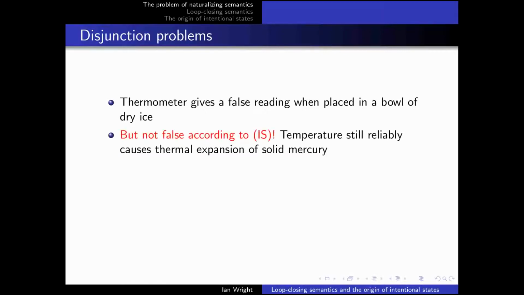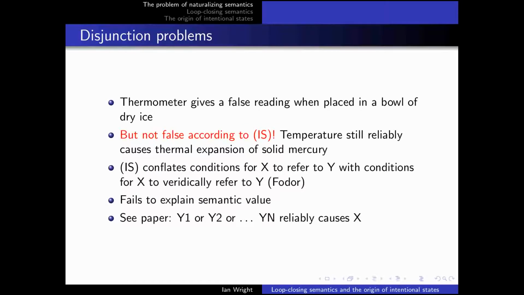It just so happens that the manufacturer's calibration assumed that normal circumstances prevail. If X reliably causes Y, then Y must be a veridical or accurate representation of X. So IS, by construction, cannot explain misrepresentation. In the literature, this is called a disjunction problem, and I explain why in the paper.